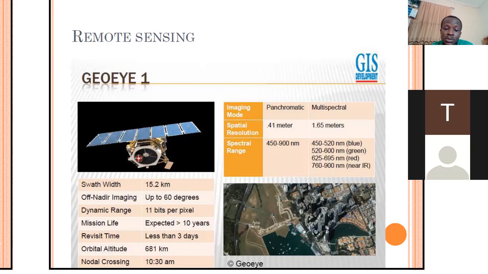That's about positioning. What remote sensing is doing is that it's only taking a picture of a portion of the earth from the skies. Simple as that. So we have some kind of scanner.